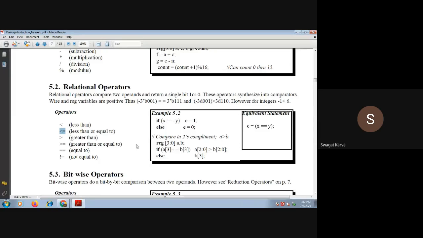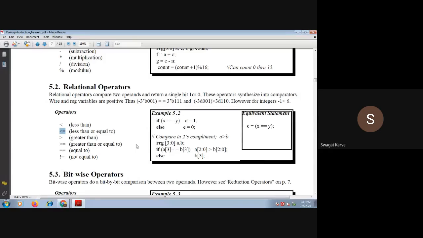But in the case of a variable, it strictly means less than or equal to. Now the second one is greater than, then greater than or equal to, then equal to, and an exclamation sign followed by an equal to sign, that is not equal to.